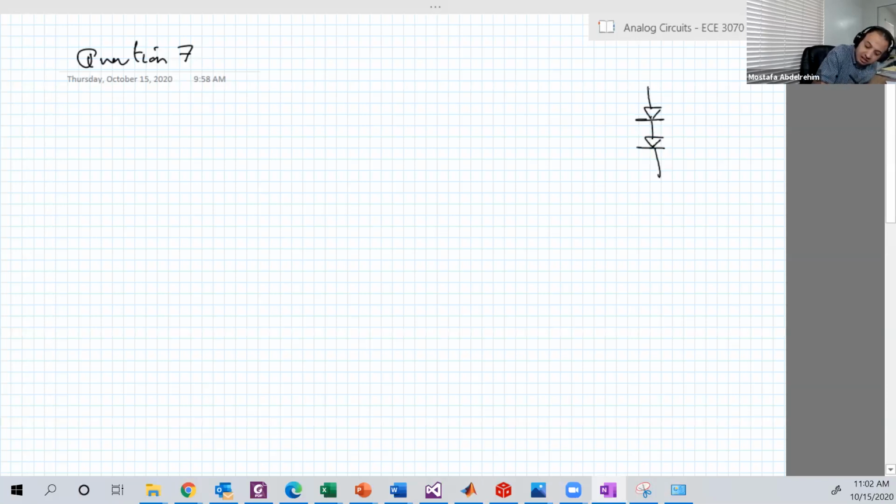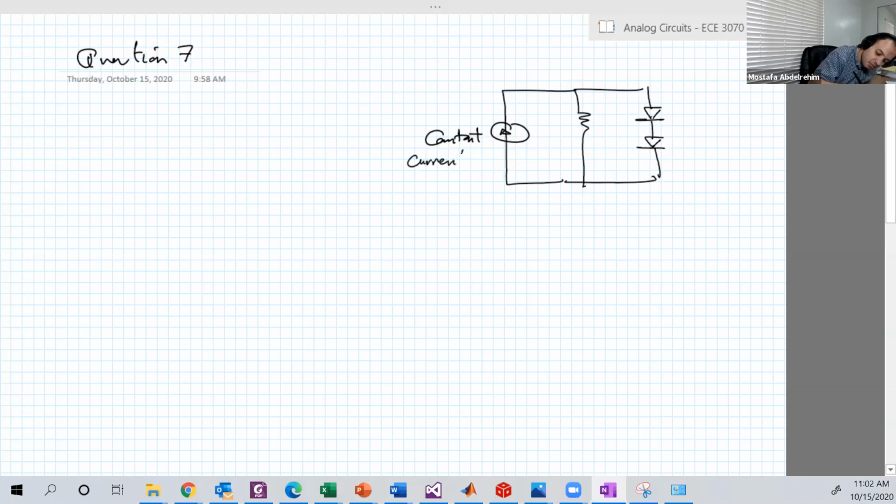So two identical diodes in parallel with a resistor. Then we have a constant current source. So this is also a question in the book. Here is R, which is unknown. Here is D1, here is D2. So D1 and D2 are identical.